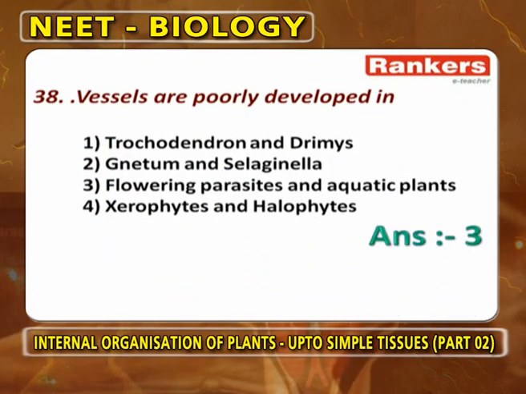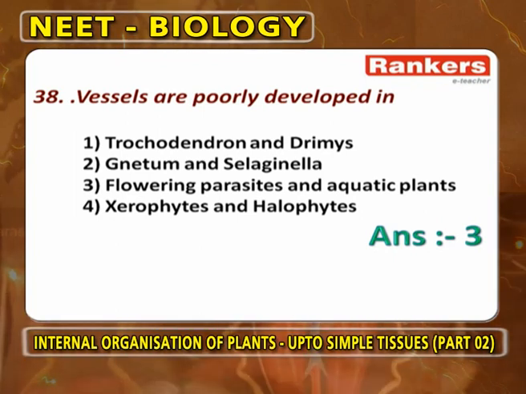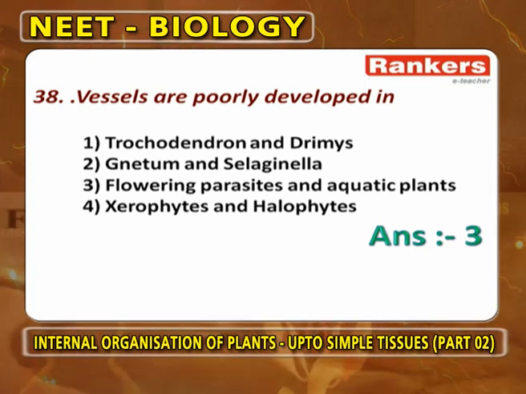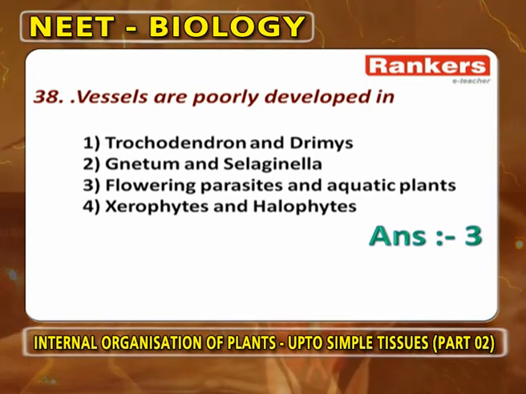Vessels are poorly developed in... Vessels means xylem vessels. Xylem vessels are poorly developed in Trochodendron and Tetracentron is wrong because here the vessels are completely absent. Gnetum and Selaginella are wrong. These are the two pteridophytes with xylem vessels. Xerophytes and halophytes is wrong because in xerophytes and halophytes xylem vessels are well developed.